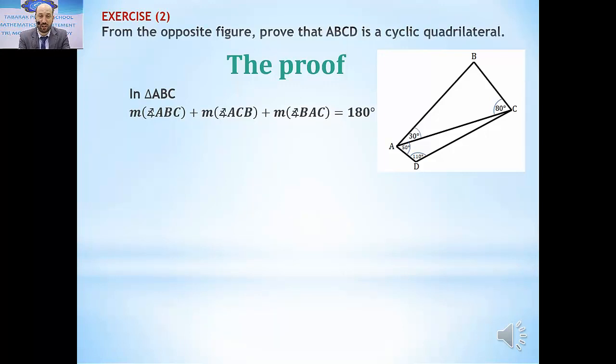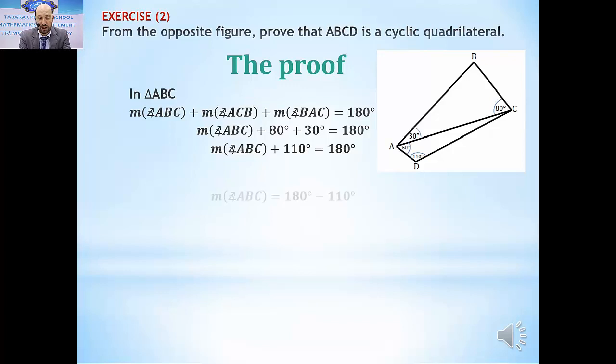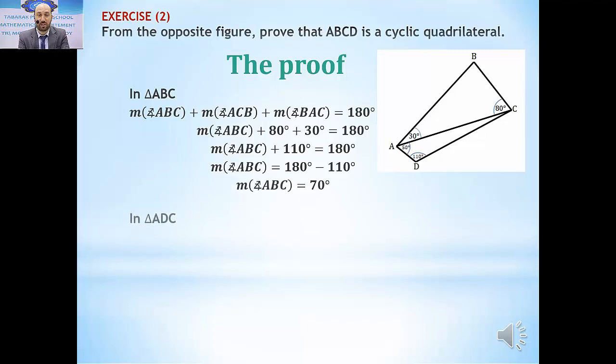So angle ABC plus angle ACB plus angle BAC equals 180. Replacing the sizes, angle ABC plus 80 plus 30 equals 180. The sum of 80 plus 30 is 110; moving it to the other side, it will be 180 minus 110, so it is 70 degrees.